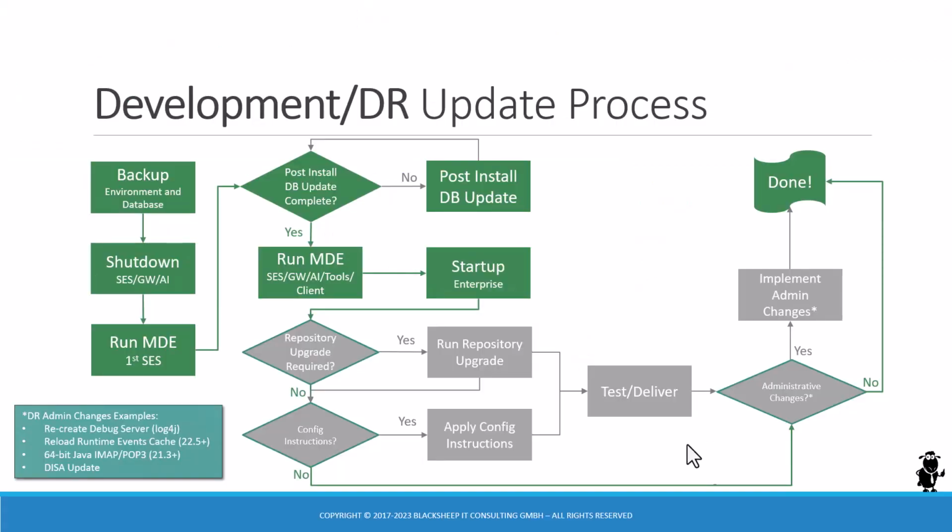And so going back one more time to our diagram of how to conduct the development or DR update from any version IP17 and higher. So we started at 20.11, but our repository version was 17.